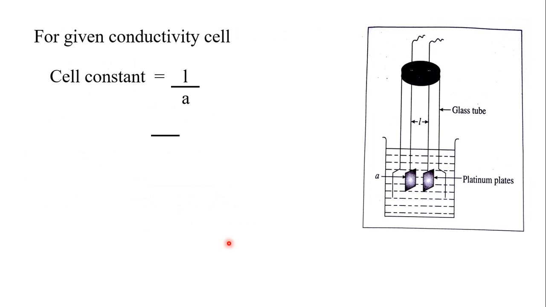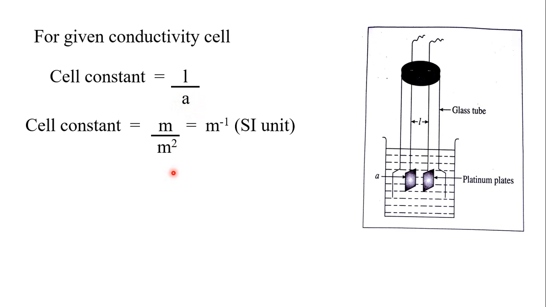So L upon A is nothing but the cell constant. Here length is measured in the SI unit of meter, and the area of cross section is measured in meter square, and therefore the unit of cell constant is meter inverse. The SI unit of cell constant is meter inverse, and the common unit is centimeter inverse.